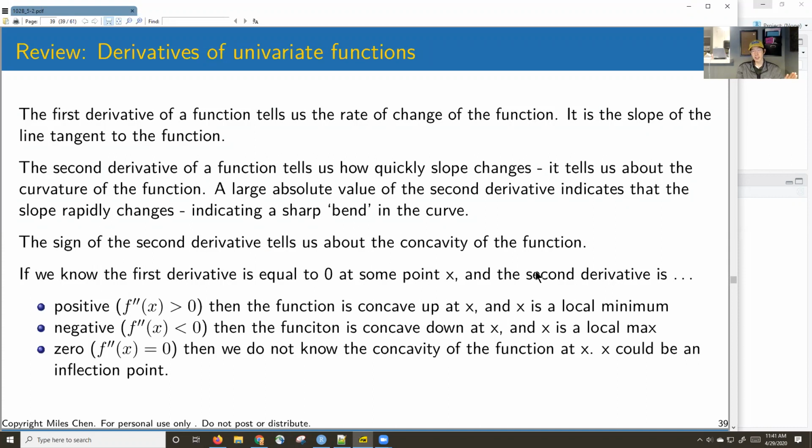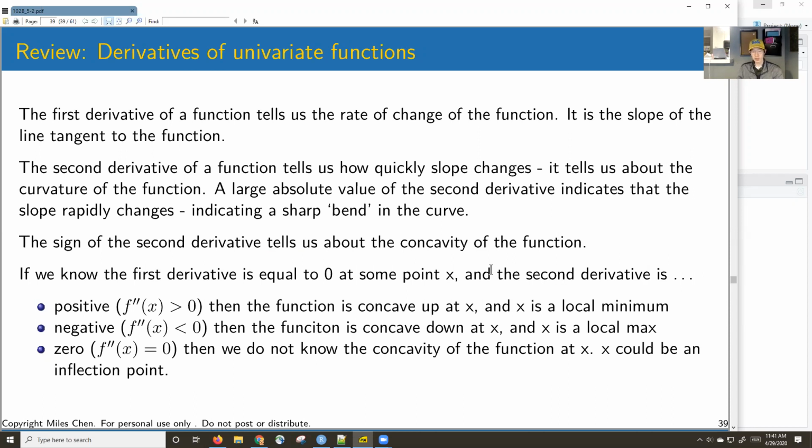On the other hand, if you have a very gradual change, your slope is slightly positive and it becomes a little bit less positive until it becomes 0 and it's flat, and then it becomes slightly negative, then you have a small second derivative.